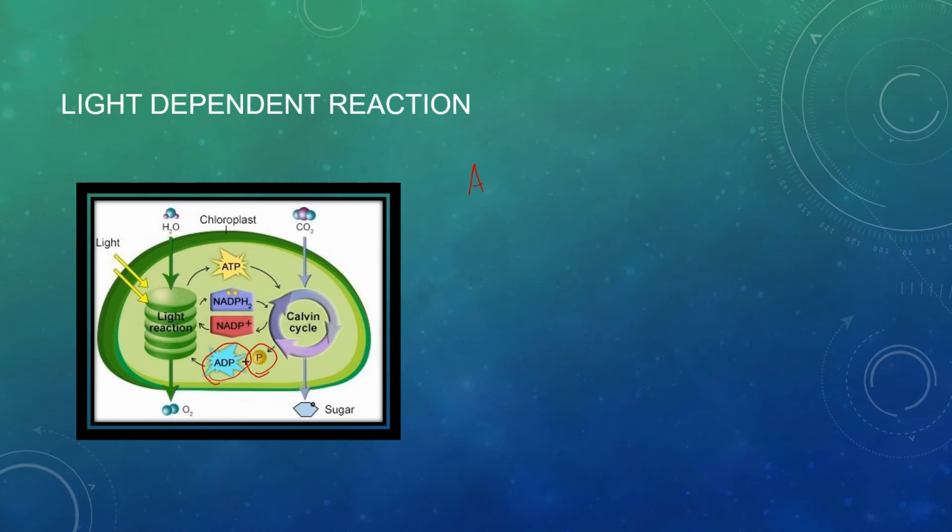If we write the chemical reaction, ADP plus inorganic phosphate, plus the energy taken from the sunlight, forms ATP. So ADP plus Pi plus energy forms ATP. This is adenosine diphosphate and this is adenosine triphosphate.